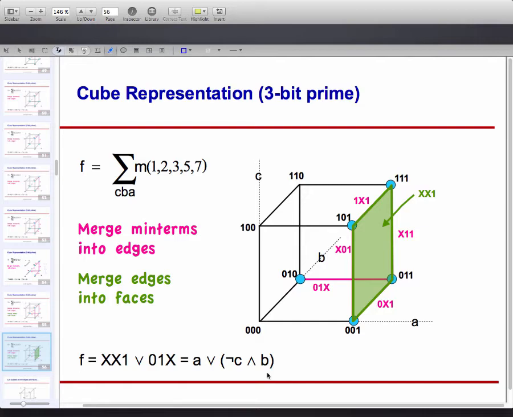So what seemed, starting out, very complicated now suddenly is a very simple looking function, A or not C and B. Now in this example, doing it by hand, we could see how this clustering is done. Now let's imagine you are trying to do it with a function which has 50 inputs. So you are dealing with 50 dimensions, and now you have to find all this covering.